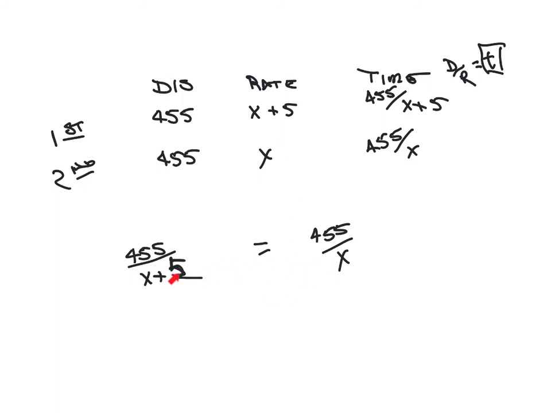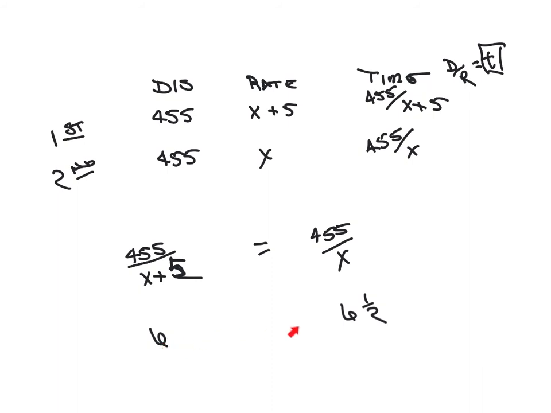How would I make them equal? Well, I could make them equal if I slowed the faster one down by a half hour. For instance, if this car did it in 6 hours, this car over here did it in 6.5 hours.